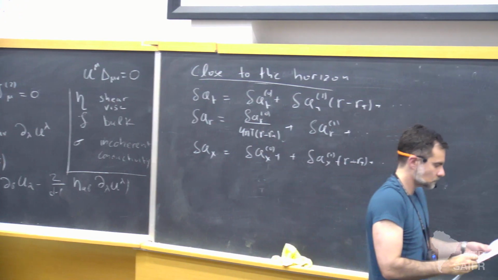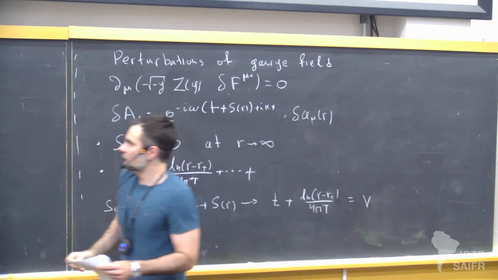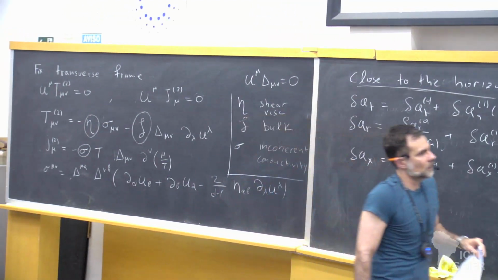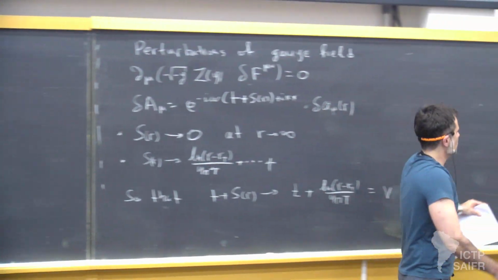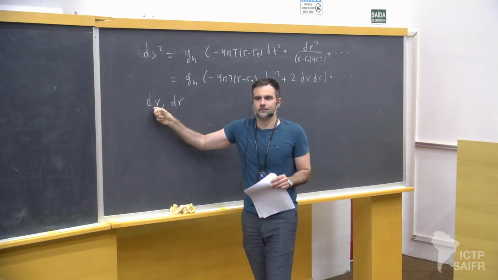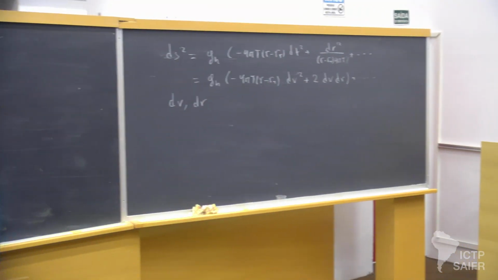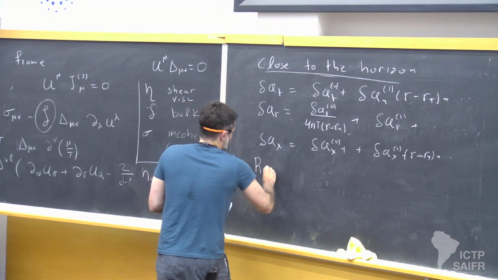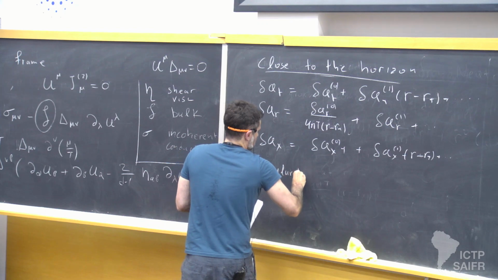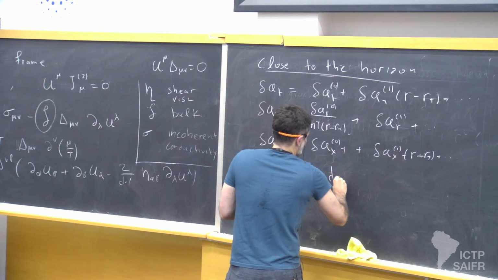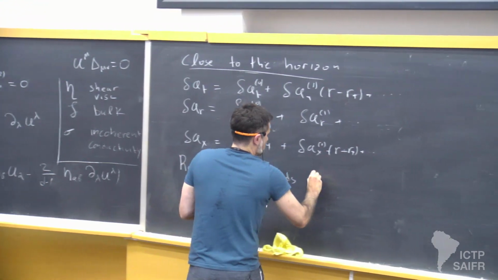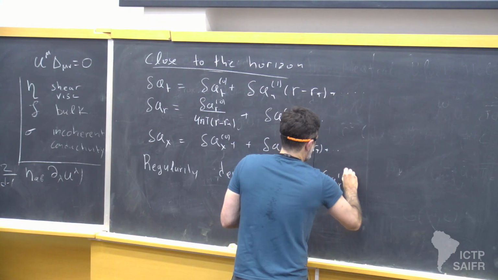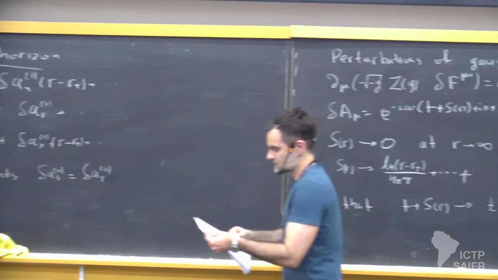Okay? Now, regularity demands that the A t and A r components combine in a way that I will get dv. Otherwise, that would be singular. So regularity demands that delta A t naught is equal to delta A r naught.